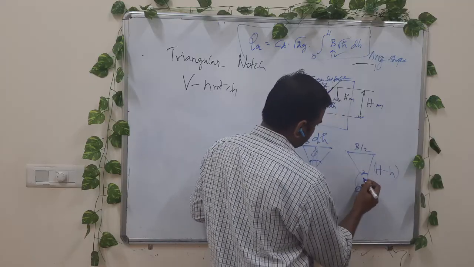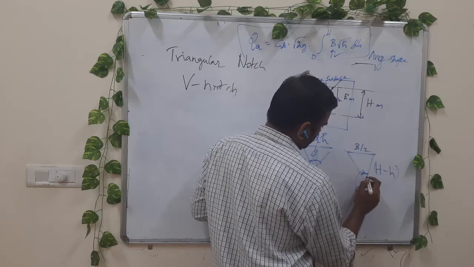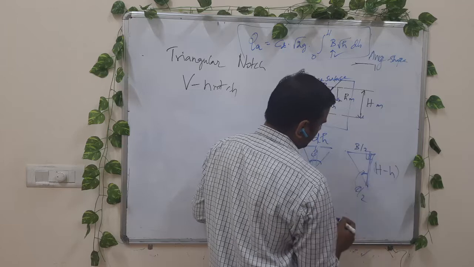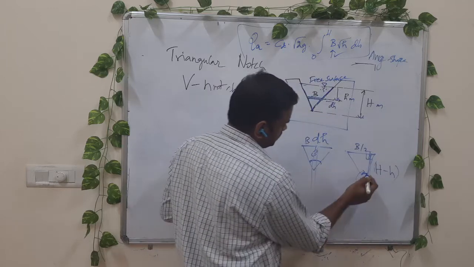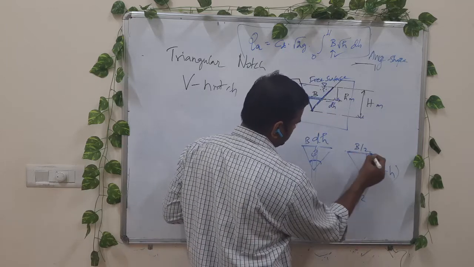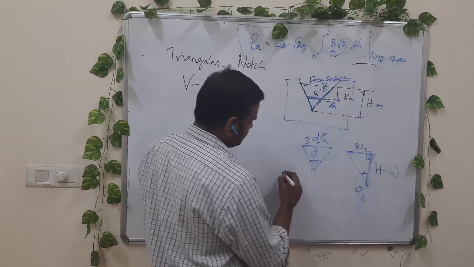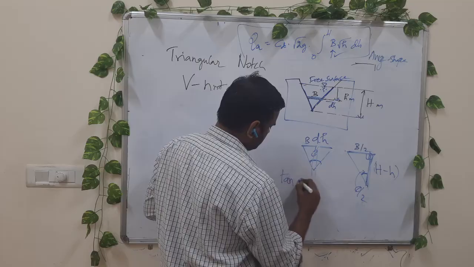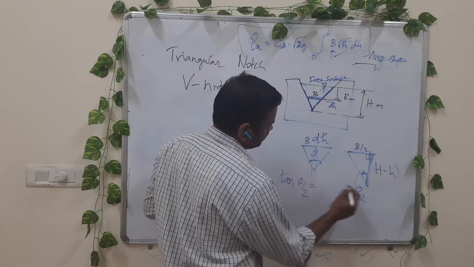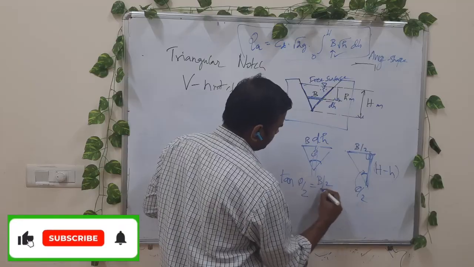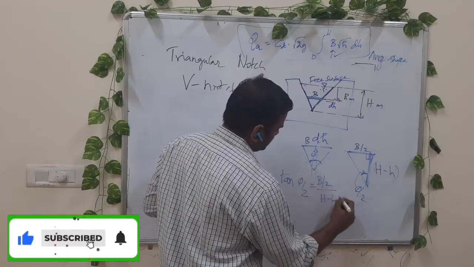Okay, so this theta by 2 we have seen, and this is a right angle triangle. You have theta by 2 here, this side is b by 2, this is H minus h. Then what is tan theta by 2? Tan theta by 2 is opposite side by adjacent side, which is b by 2 divided by H minus h.